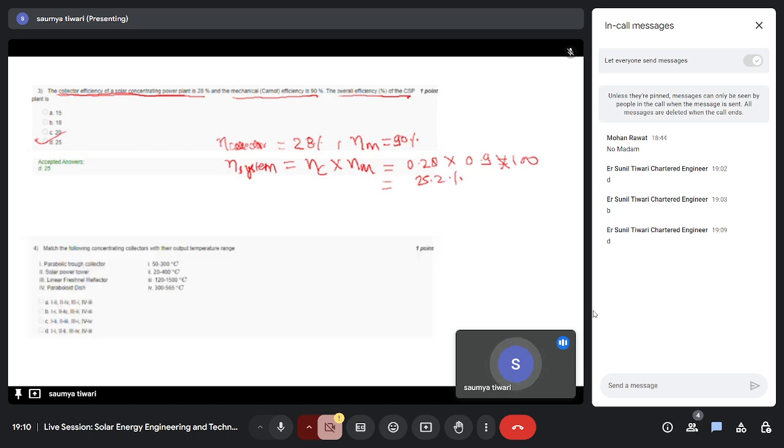Okay, so the next question is, match the following concentrating collectors with their output temperature range.